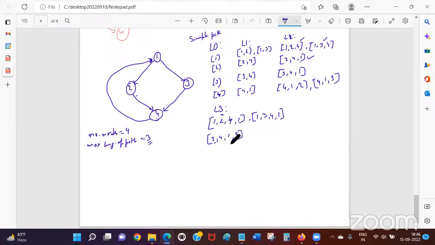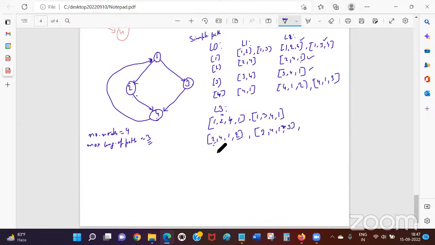So the end vertex is repeating. It's fine, right? And any more with 2, 4, 1? With 2, 4, 1, I can also have 3. That's also fine because none of the vertices got repeated, but there is no more with 2, 4, 1.